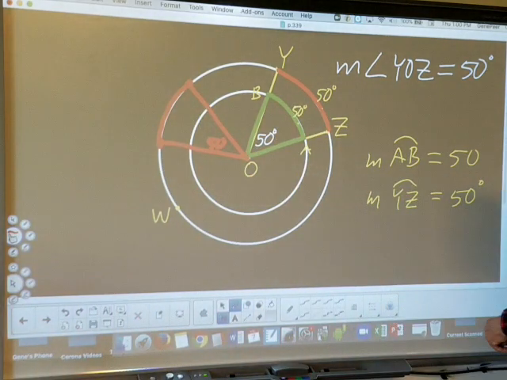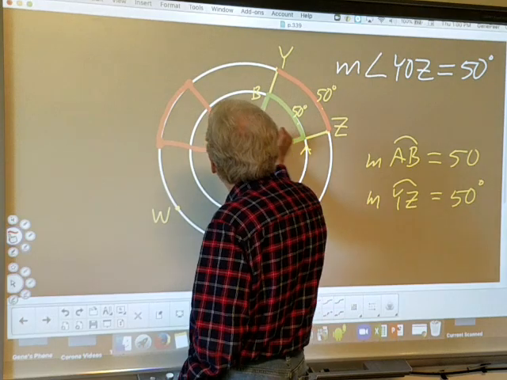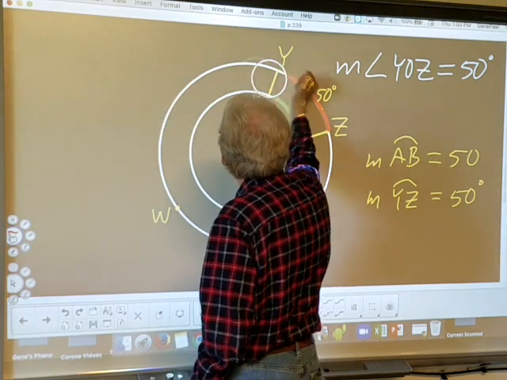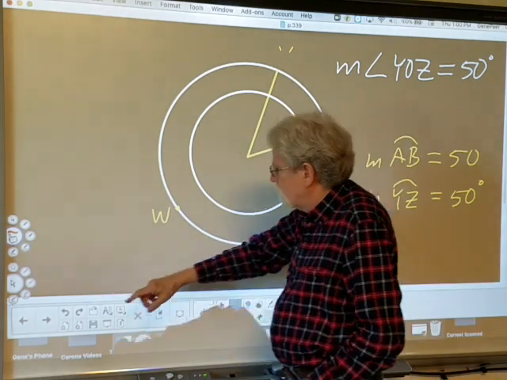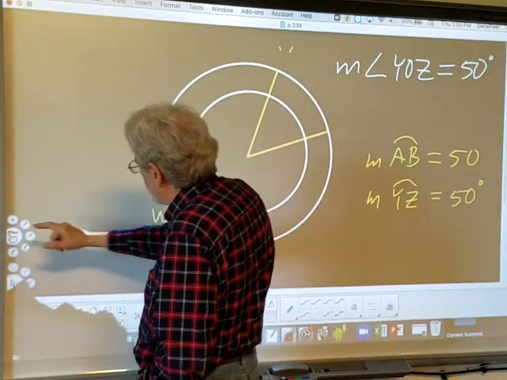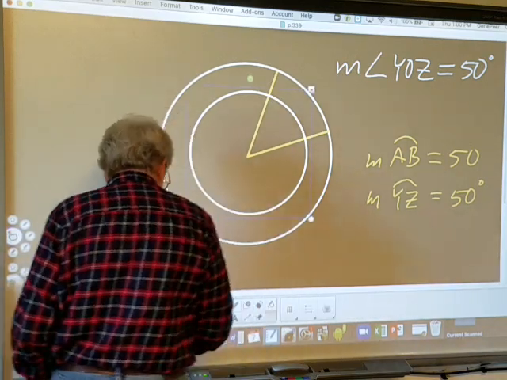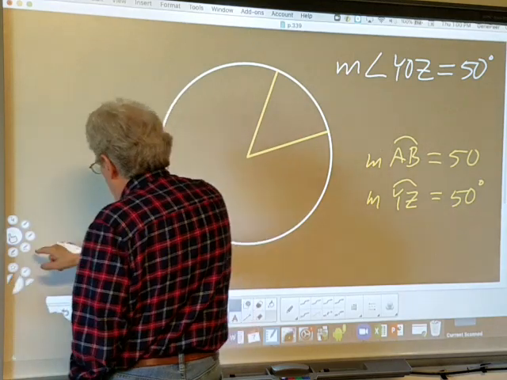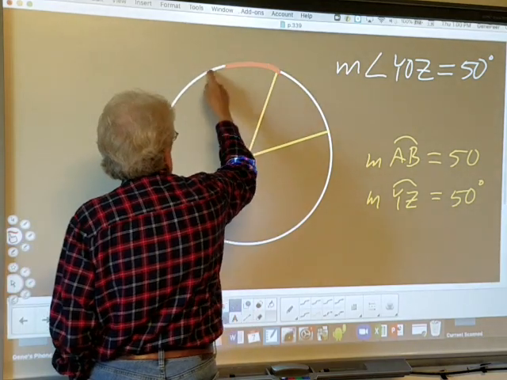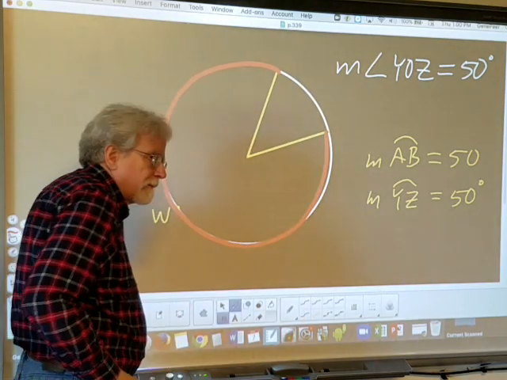I feel like there's something important. What about the measure of a major arc? There's a little bit of a problem with the measure of a major arc. Let's get rid of that inside circle here. Suppose I want the measure of this major arc.